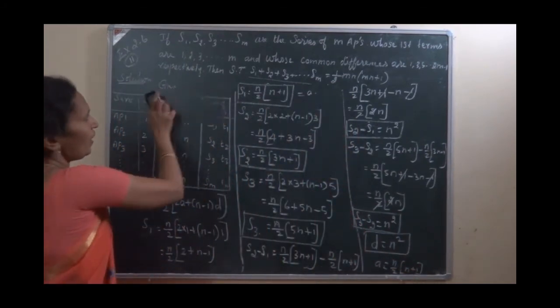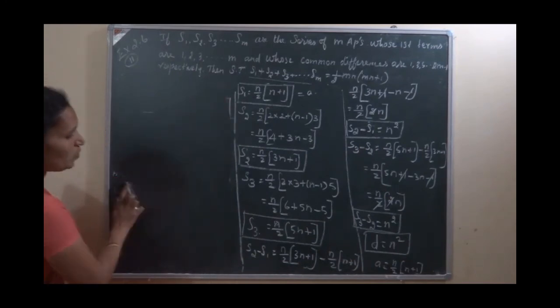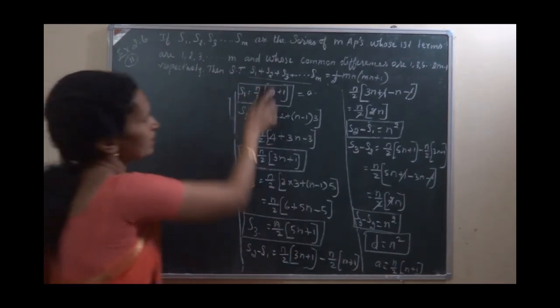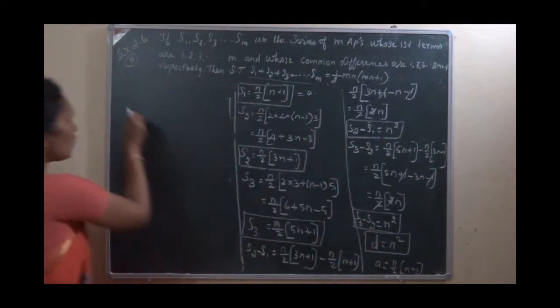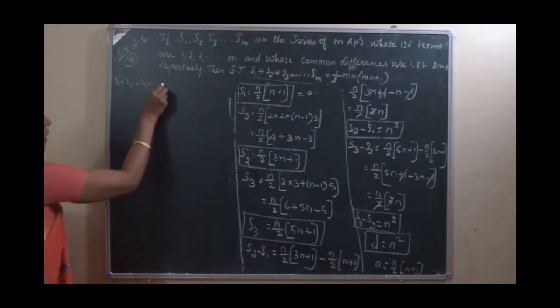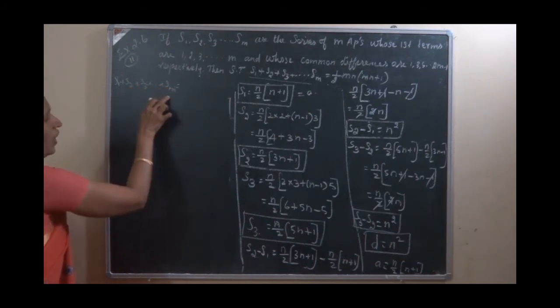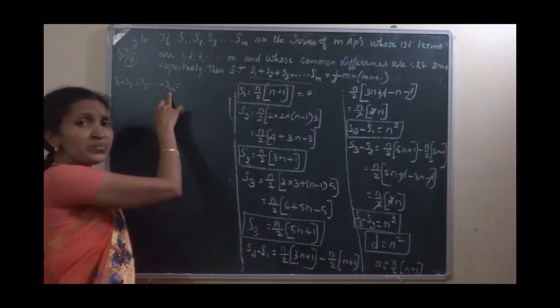Next you have to find S1 plus S2 plus S3. You have to show S1 plus S2 plus S3 etc. up to Sm is. Take S1 plus S2 plus S3 plus etc. plus Sm. Sm means the number of terms, here what? m terms.